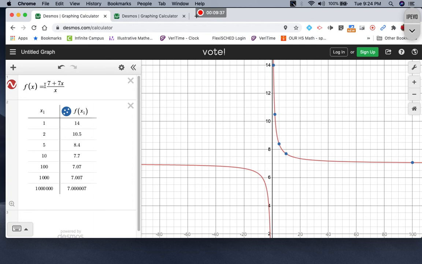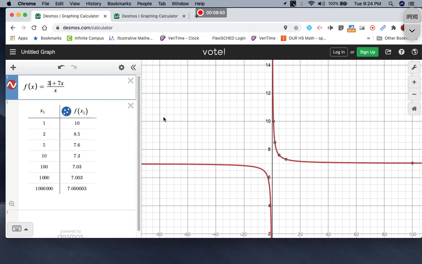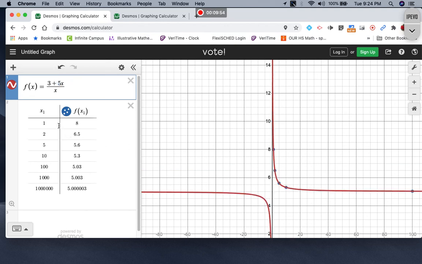So it has something to do with this. Let's say I don't want 7 and 7. Let's go 3 and 5. So we start at 1, we're at 8, but now we're coming down to 5. And why is that?